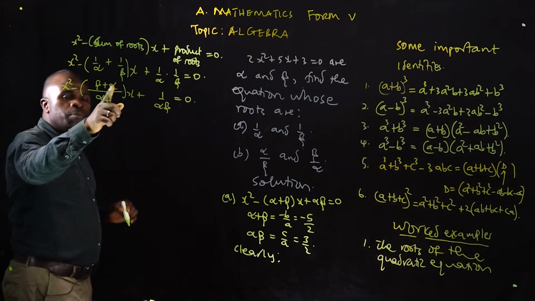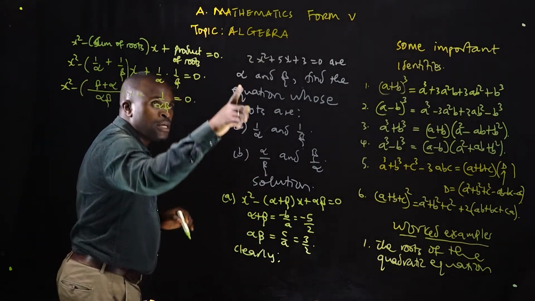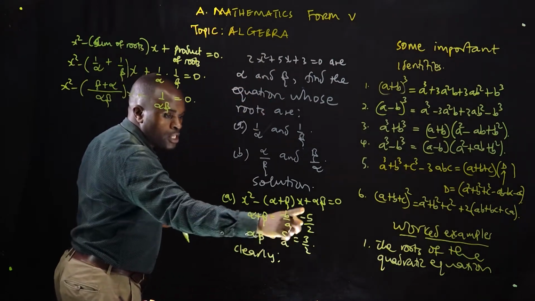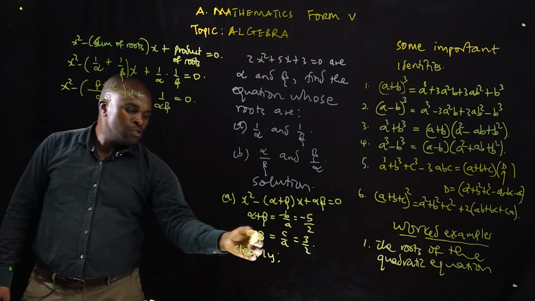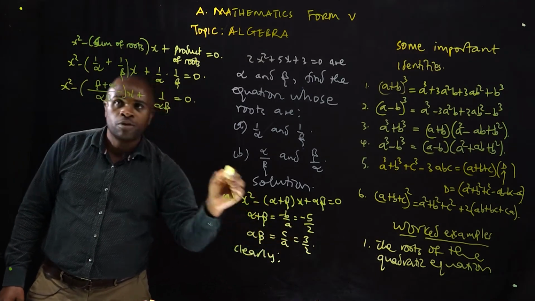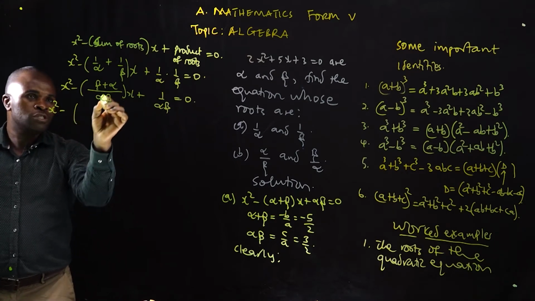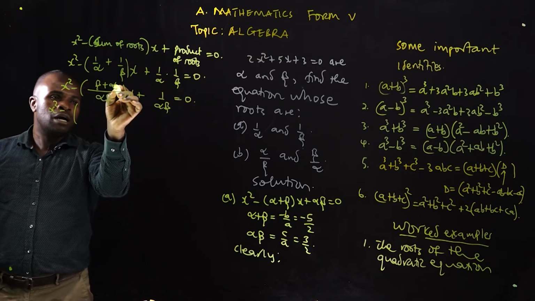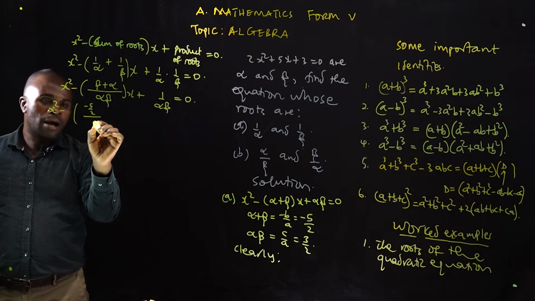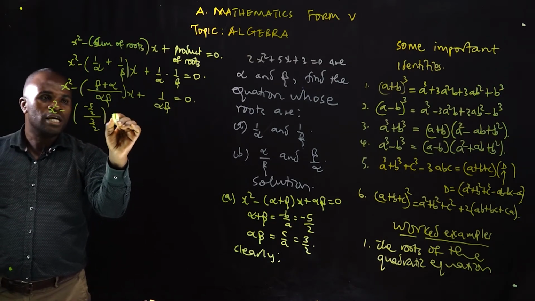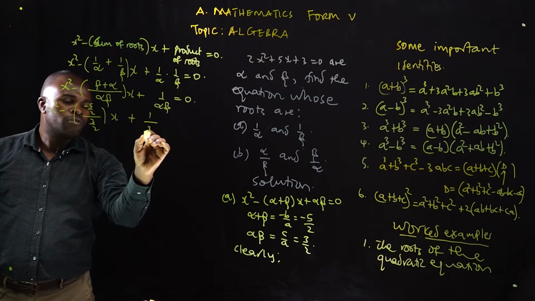Now in alpha plus beta we put the result taken from the equation, negative 5 over 2, and in alpha times beta we put the product of roots, 3 over 2. So this becomes x squared minus (negative 5 over 2 divided by 3 over 2) x plus 1 over 3 over 2.